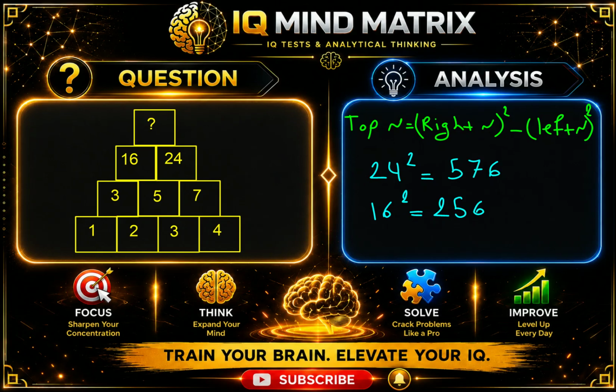Now subtract them. 576 minus 256 equals 320. So the final answer is 320.